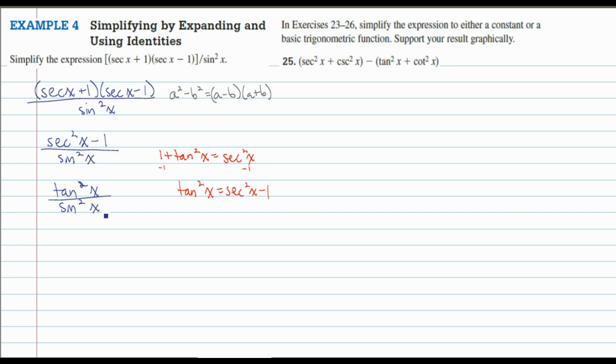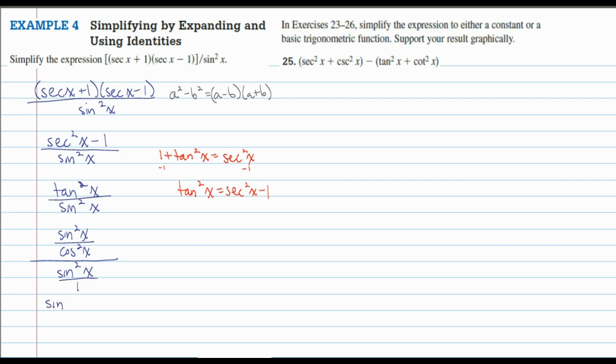Now, if you remember from example 3, one of our strategies is to change everything to sines and cosines. So the numerator, tangent squared of x, is going to be sine squared of x divided by cosine squared of x. That expression is still going to be divided by the sine squared of x. Well, now I can take the numerator, and instead of dividing by the denominator, I will multiply by the reciprocal.